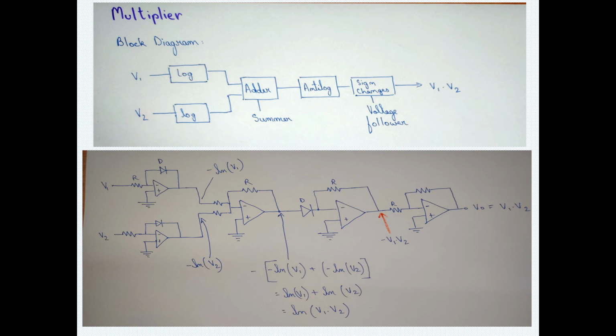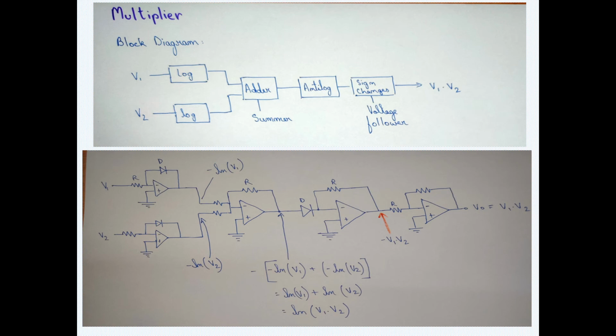The output we get from the adder amplifier will go to the anti-log amplifier. The anti-log amplifier will take the anti-log. From the anti-log amplifier, it will go to the sign changer, and finally the final output will be the product of the two inputs.